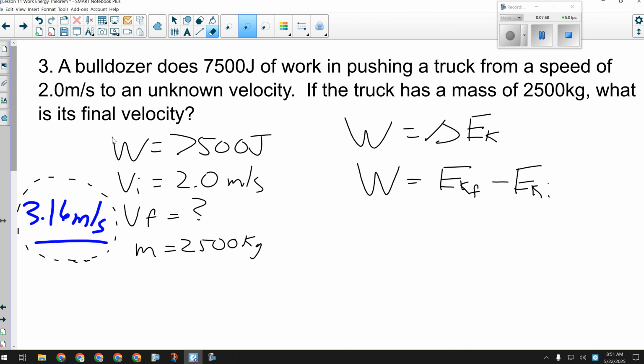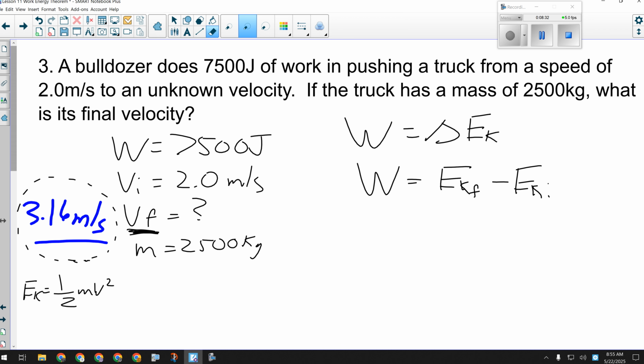You have the formula on your formula sheet for kinetic energy. My suggestion would be to figure out which one of these two things VF would be in and isolate that before you put in the formulas. So the question wants us to find the final speed of the truck.